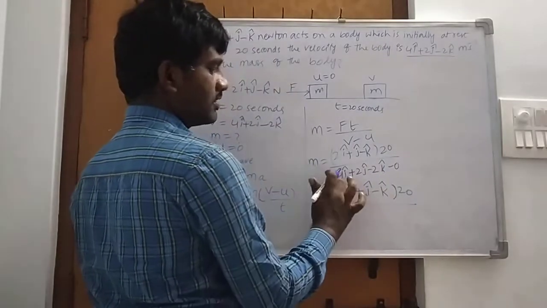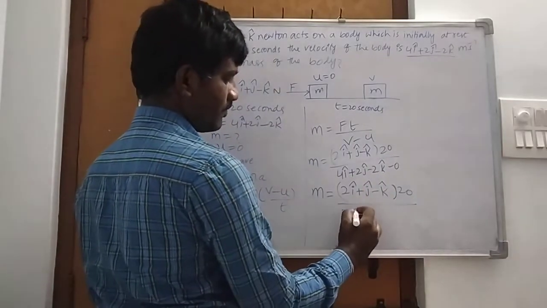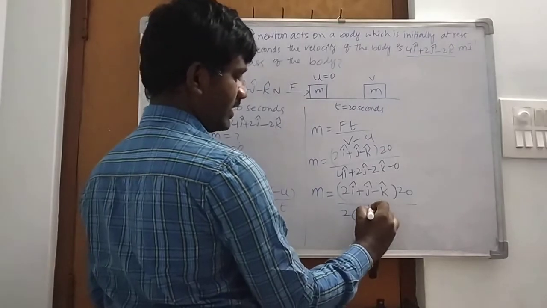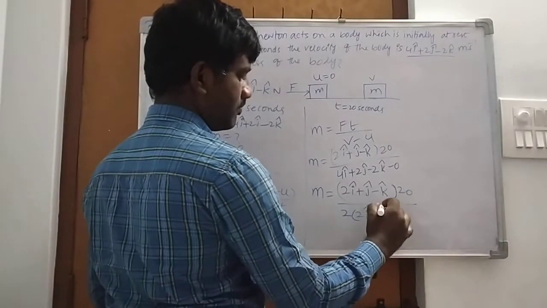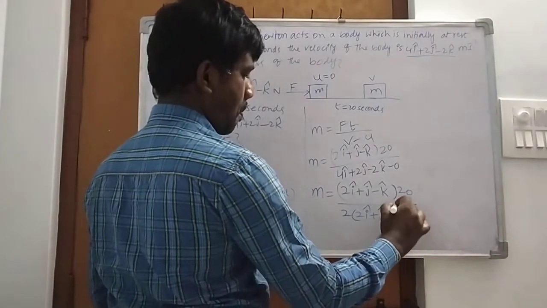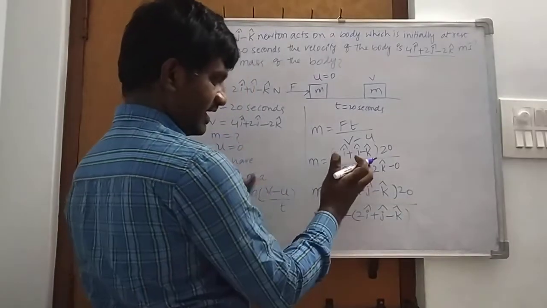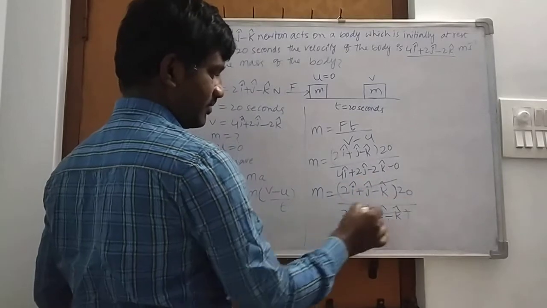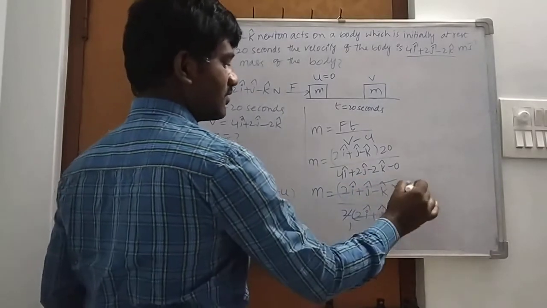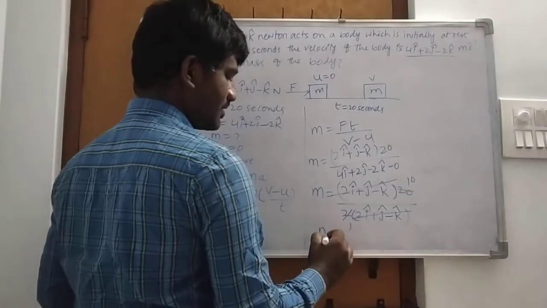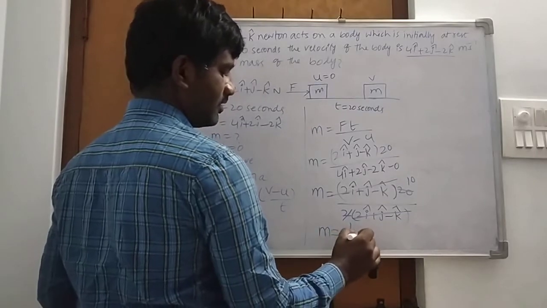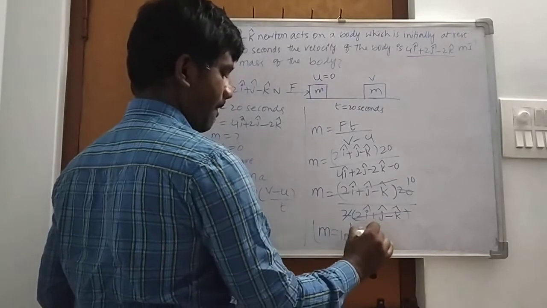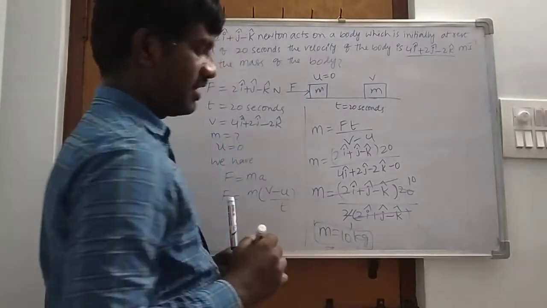In this, 2 is common. If I take 2 common, we get 2i plus j minus k, so this term gets cancelled. 2 ones are 2, 2 tens are 20. m is equal to 10 kg. 10 kg is the answer.